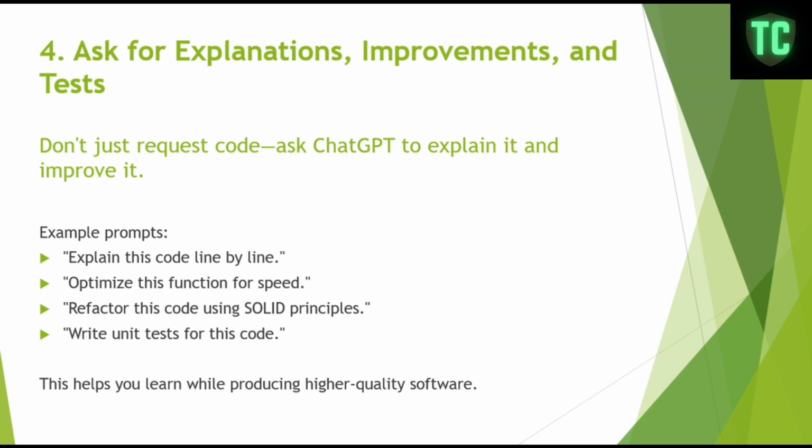Example prompts: explain this code line by line, optimize these functions for speed, refactor this code using SOLID principles, write unit tests for the code. This helps you learn while producing higher quality software, and helps you learn how you can also write effective code.